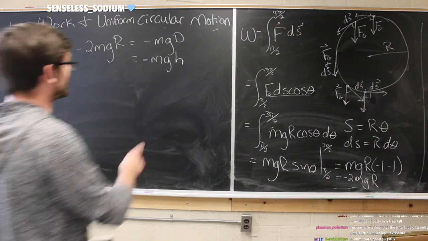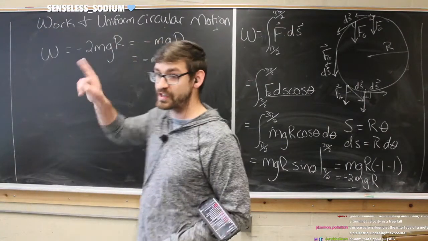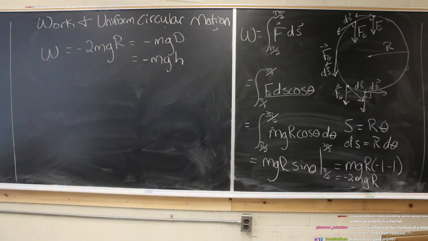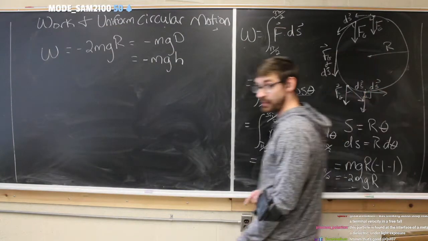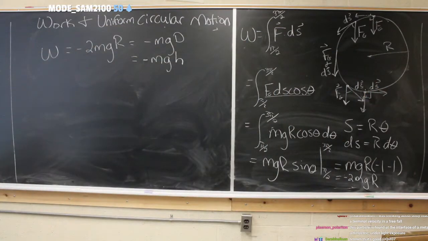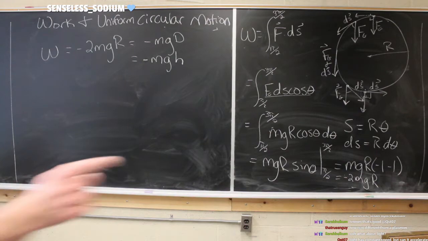However, this is not uniform circular motion. That's the point. This is only half of the uniform circular motion. And that's what I was talking about in Discord when I said you can't do snapshots. You have to do the whole thing.